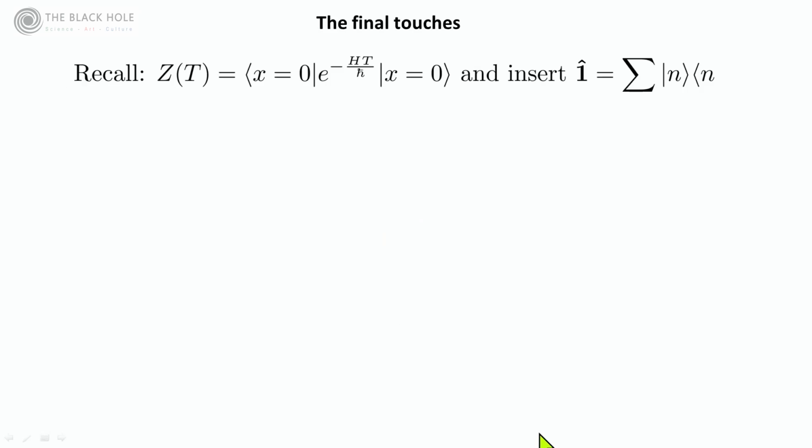All right, so now we are at the end, or very close to the end, and let me just put the final touches. So we're going from position 0 back to position 0, evolving through this e to the minus Ht over h bar, and we're going to stick this operator in here.